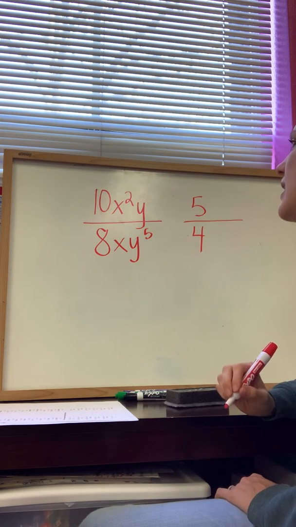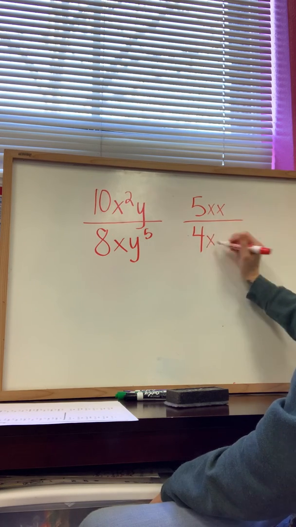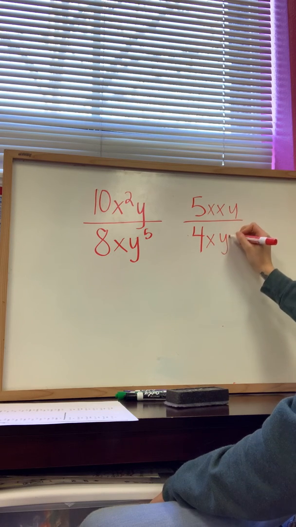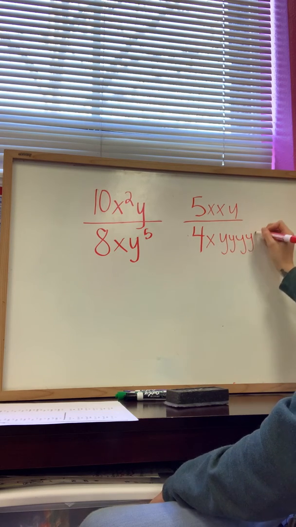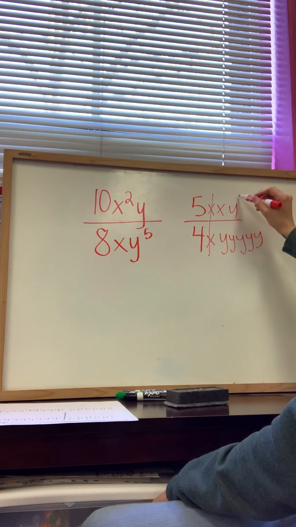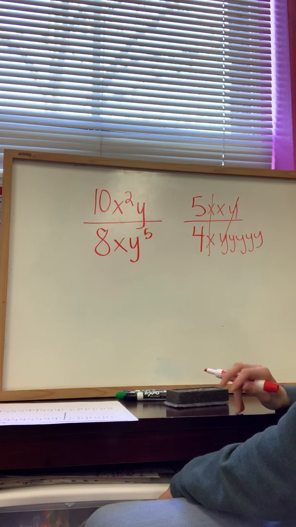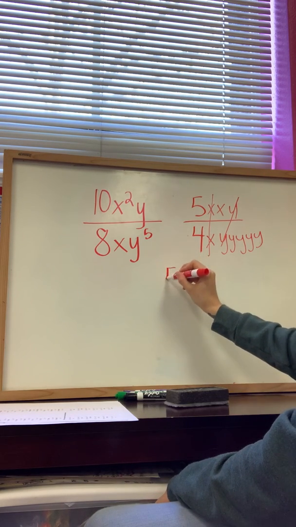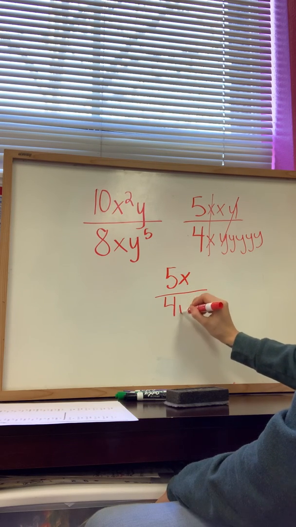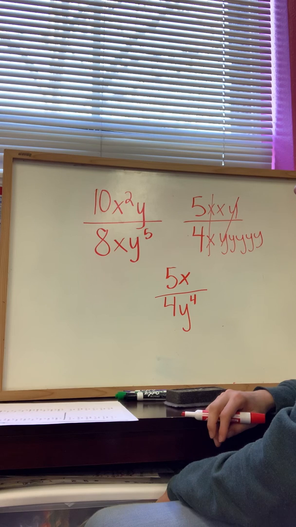Then I have 2 x's in the numerator and 1 x in the denominator, and 1 y in the numerator and 5 y's in the denominator. 1 x is going to cancel that x out, and 1 y is going to cancel with 1 y down there. So our final answer should be 5x over 4y to the 4th power.